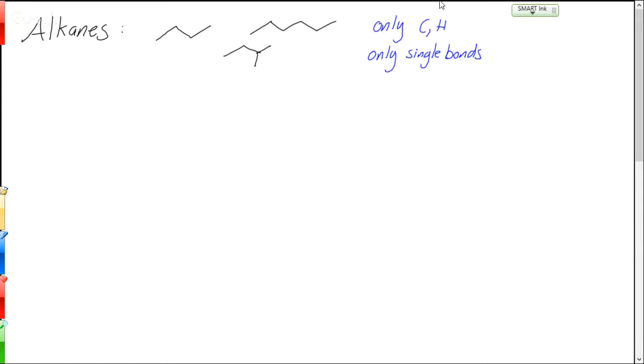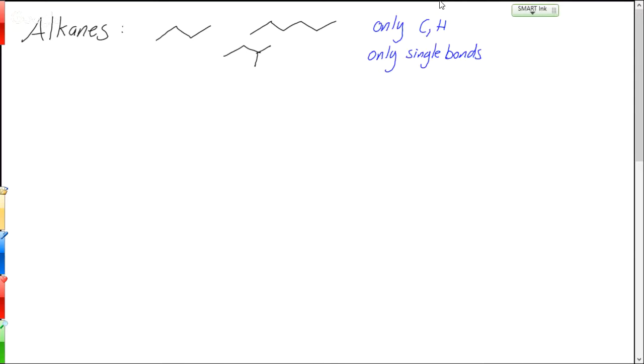And the other thing that I didn't really tell you about them is they don't do a whole lot chemically. These are not very reactive compounds. These are things that make up stuff like oil, natural gas. They're flammable. They react with oxygen, but they don't really do much else. So they don't do the kinds of chemical reactions that we're kind of used to thinking of.